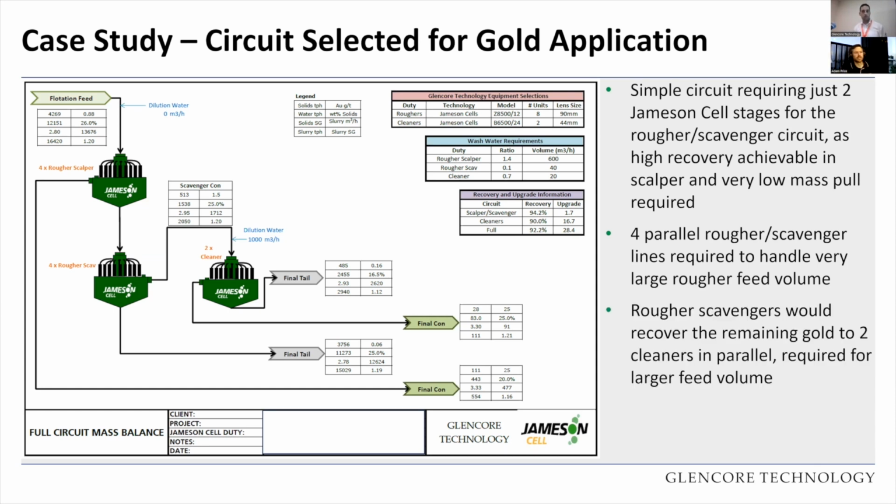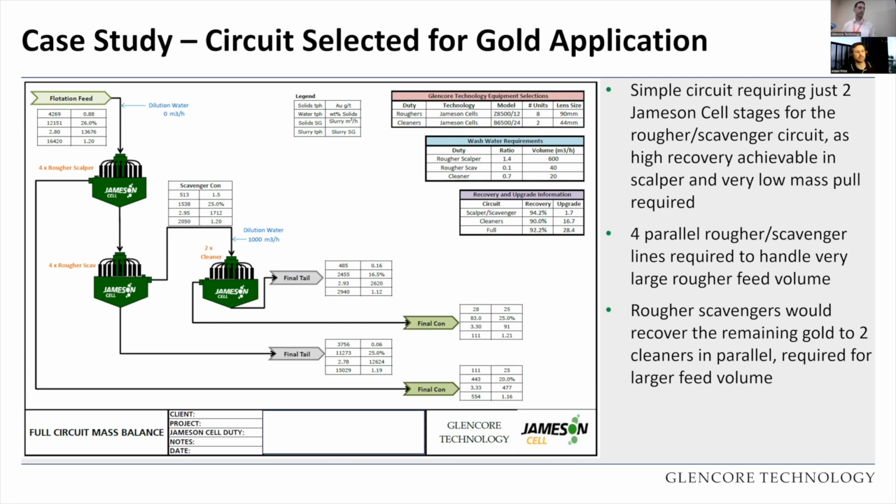So the rougher scavengers would recover obviously that remaining gold and send it to a cleaning circuit. Because again of the high volume, we were pushing to very high recovery points in the rougher circuit. The cleaners would still receive quite a high feed volume.